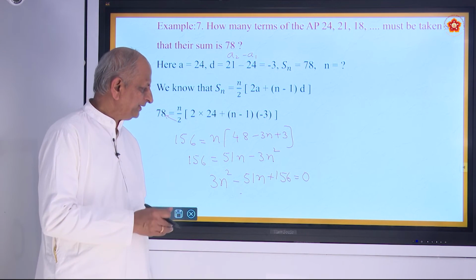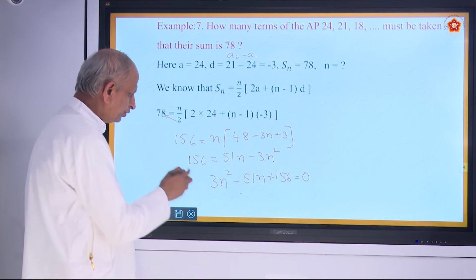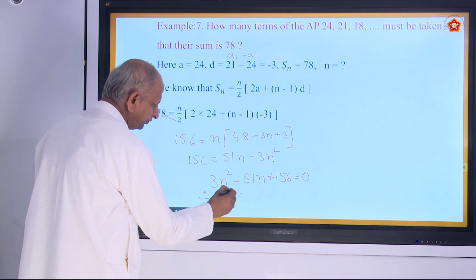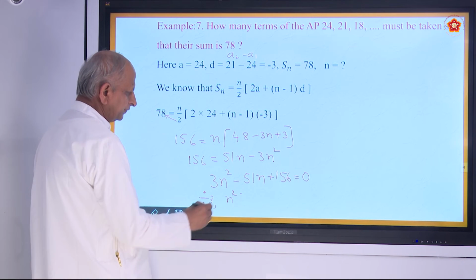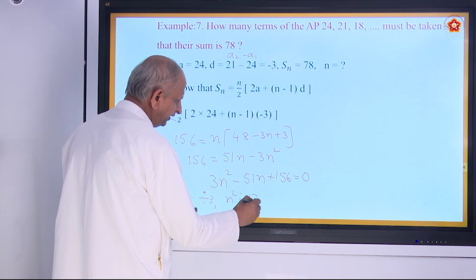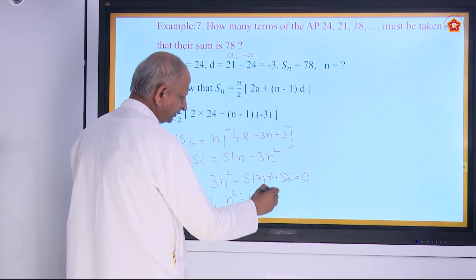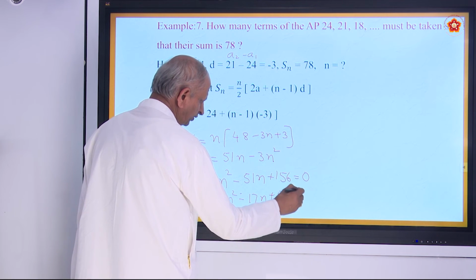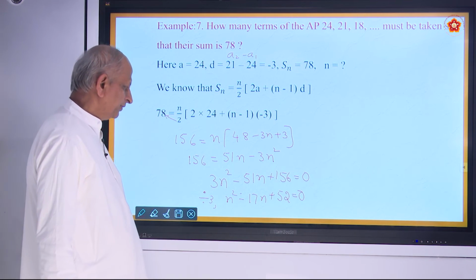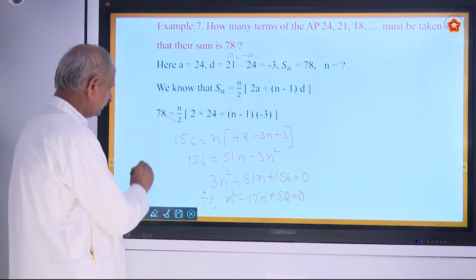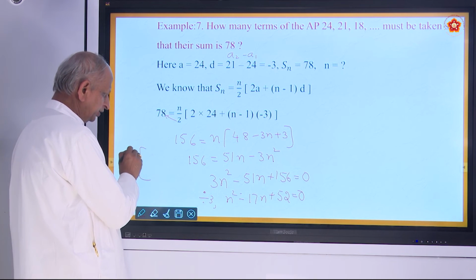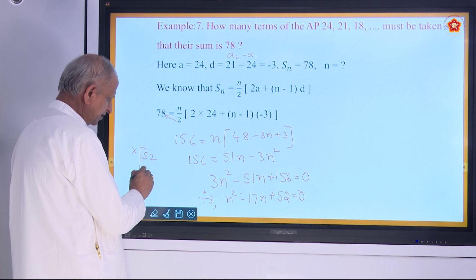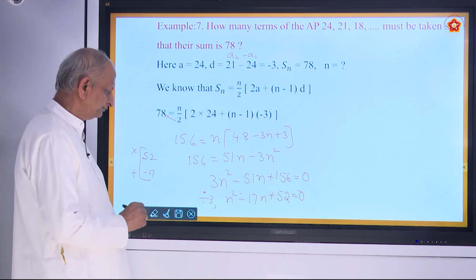Ax squared plus bx plus c is equal to 0. Suppose you divide by 3, n square, this is 17n, this is 52 is equal to 0. But find out factors of 52. On multiplication you should get 52, on addition you must get 17.